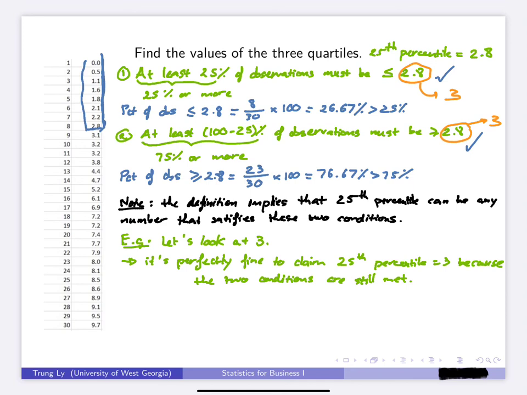So what do we learn here? What we learn is that the value of the pth percentile is not unique. In fact, it doesn't have to be.